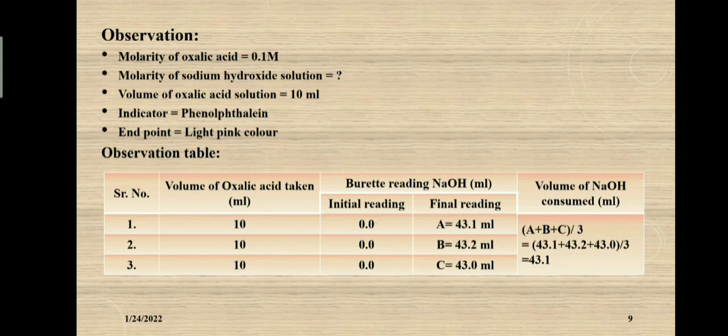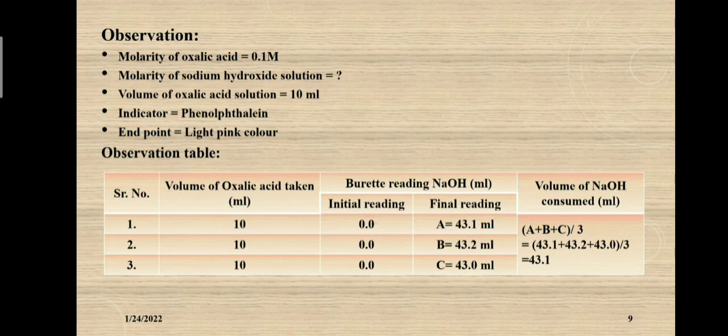So the next part is the observation. The molarity of the oxalic acid is known, the primary standard of 0.1 molar, and the molarity of the sodium hydroxide is to be determined. The volume of the oxalic acid solution was 10 ml. Phenolphthalein was used as the indicator, and the end point was detected by light pink color production. This is the observation table.